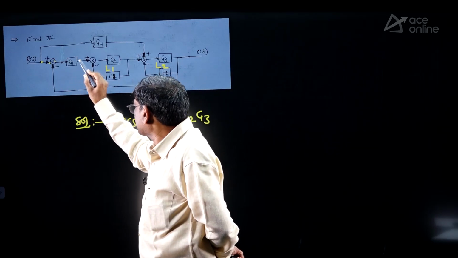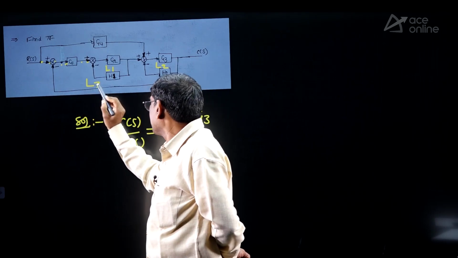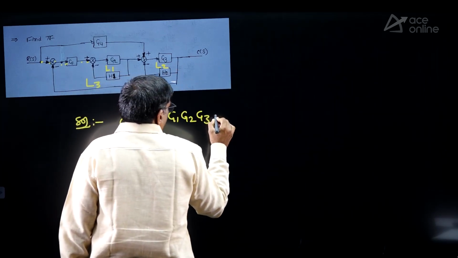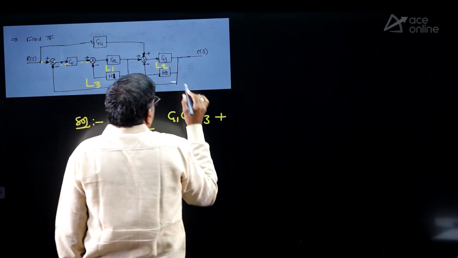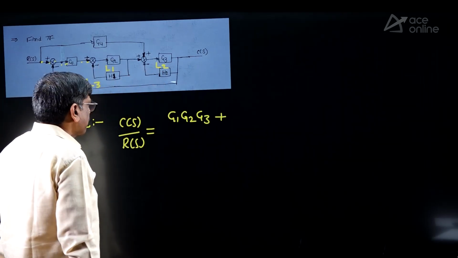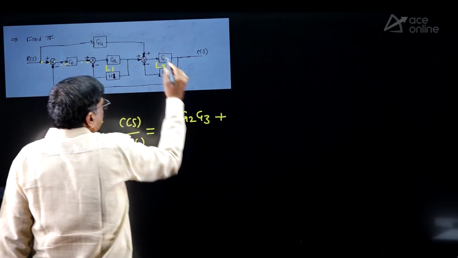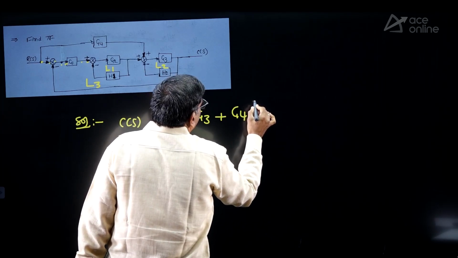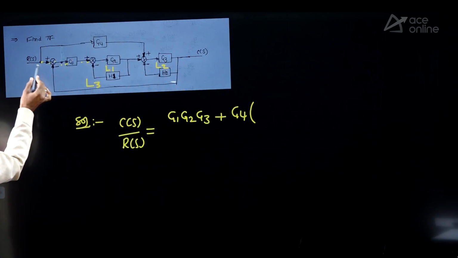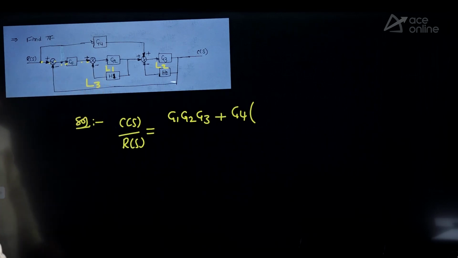If you start here, you can go straight and come back here like this, so this is L3. Total 3 loops only. So G1, G2, G3 for the first forward path: L1 touching, L2 touching, L3 also touching. Whereas for the second forward path G4, L2 touching, L3 touching, but L1 is non-touching.